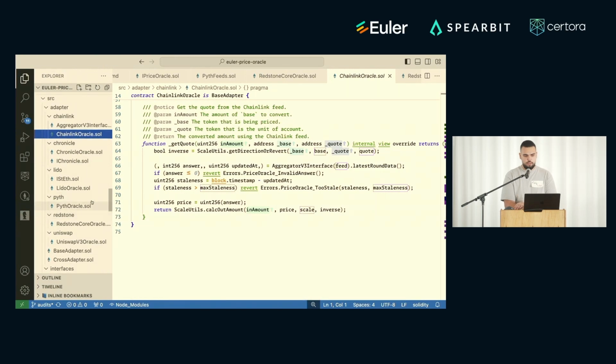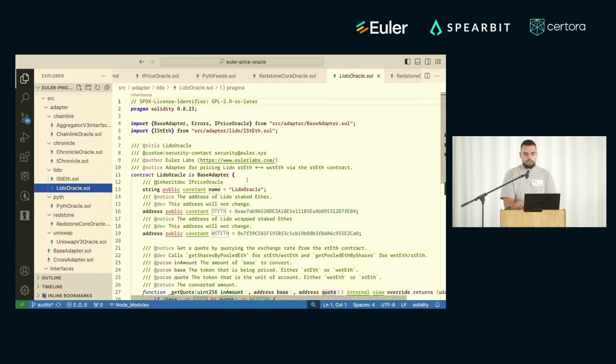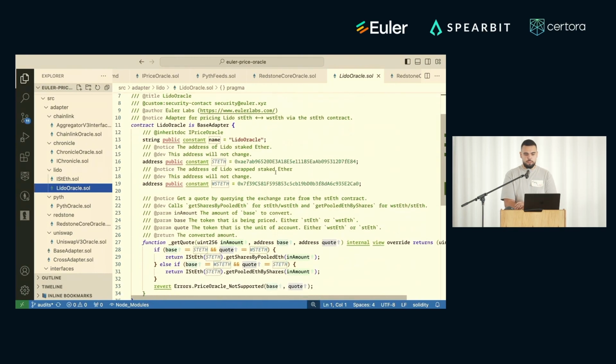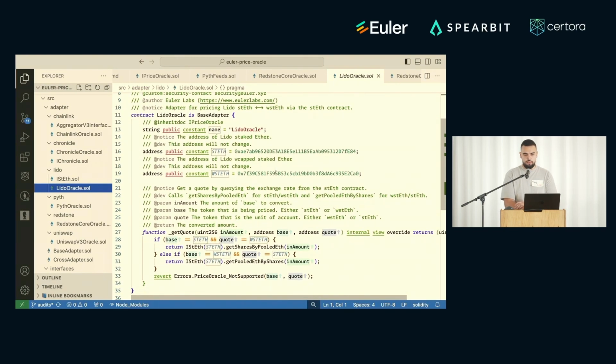We also have what we call a Lido adapter. It's a bit of a misnomer because it's not an oracle per se, but this is basically getting the exchange rate of stETH to wrapped stETH.